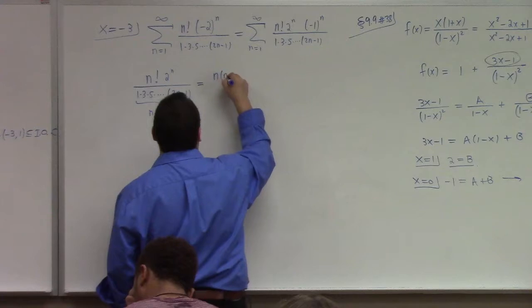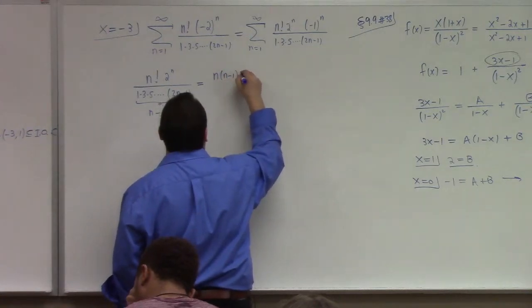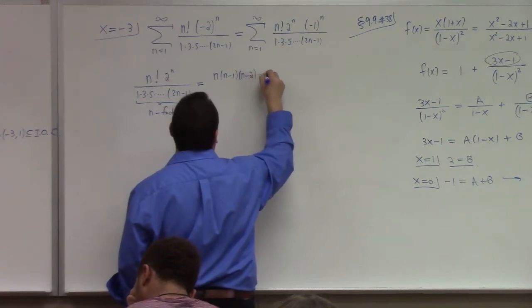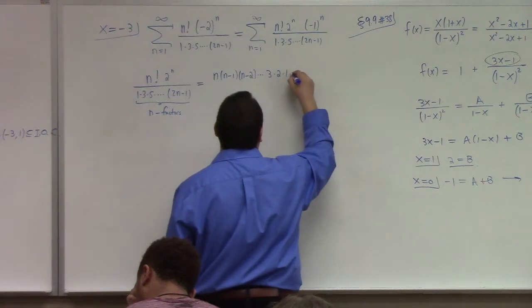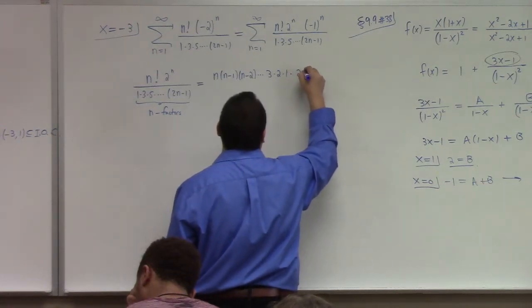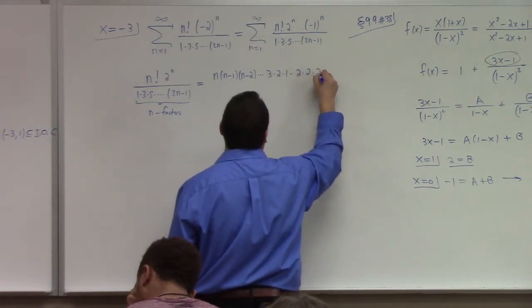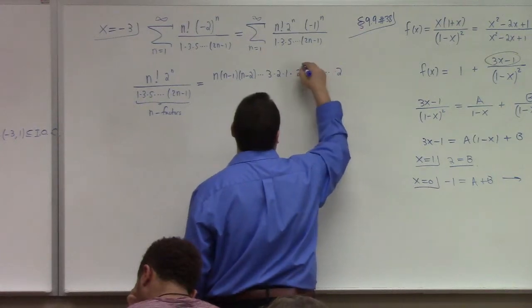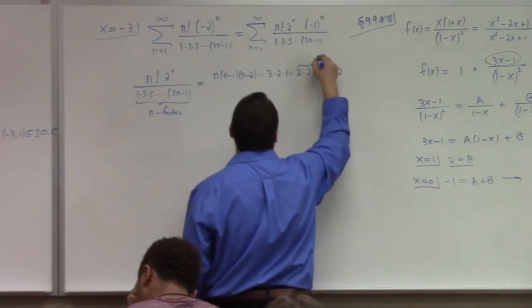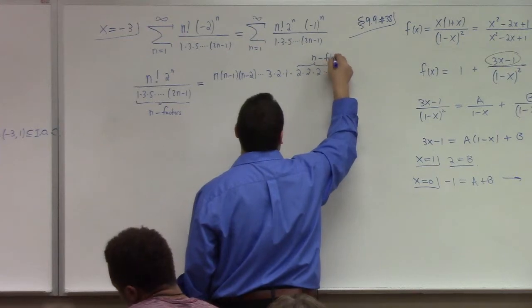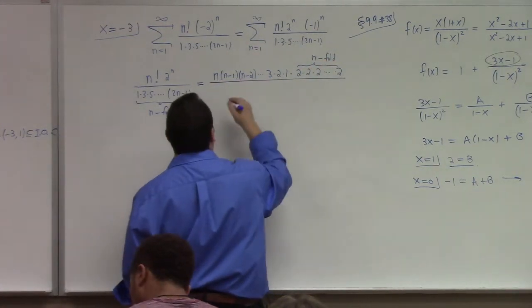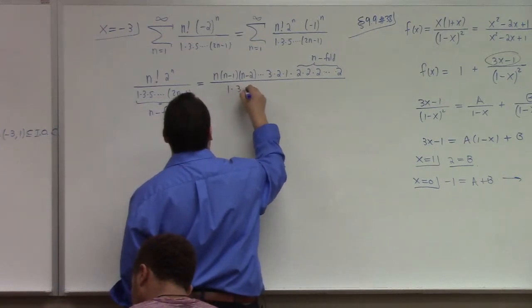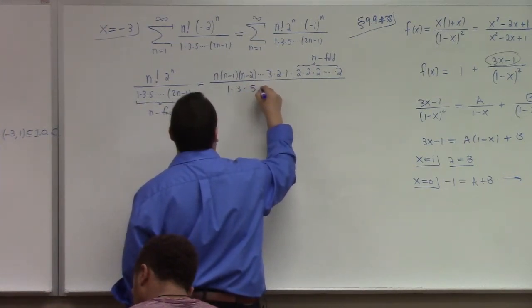So that's n times n minus 1, times n minus 2, 3 times 2 times 1. That's my n factorial. And my 2 is 2 times 2 times 2 times 2. How many of these are there? N-fold, right? So that 1 times 3 times 5.